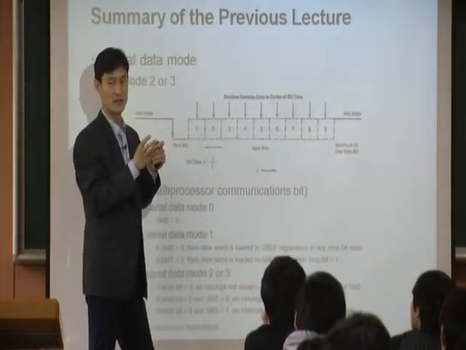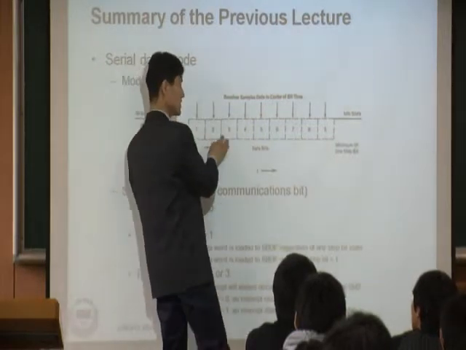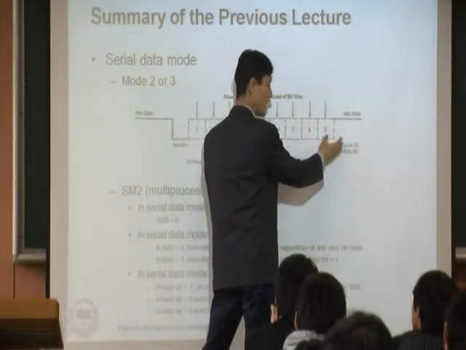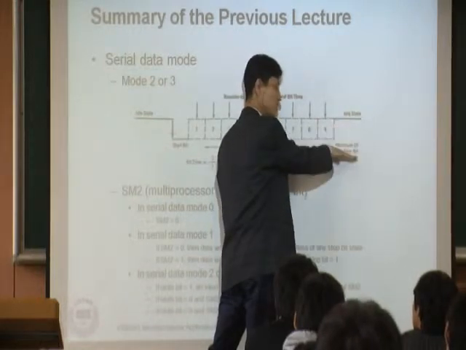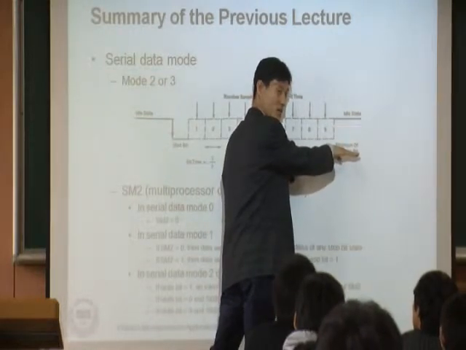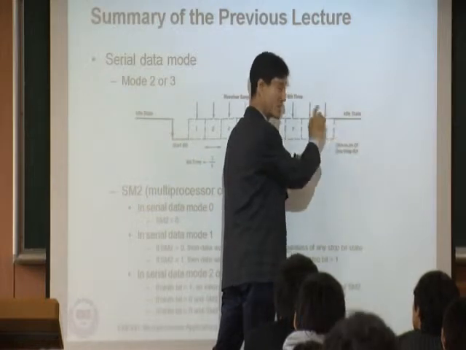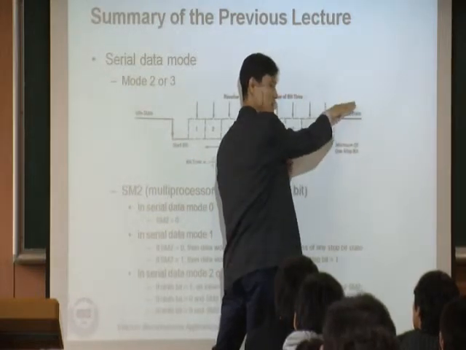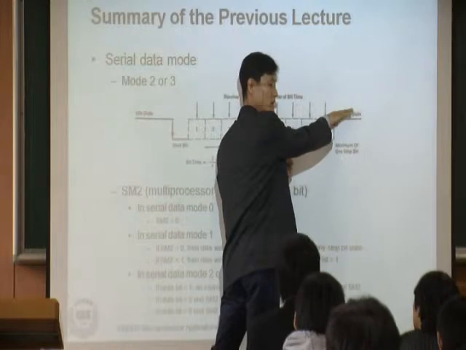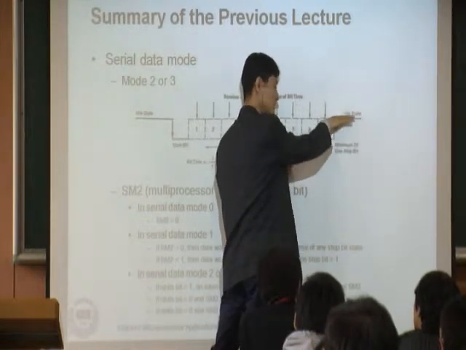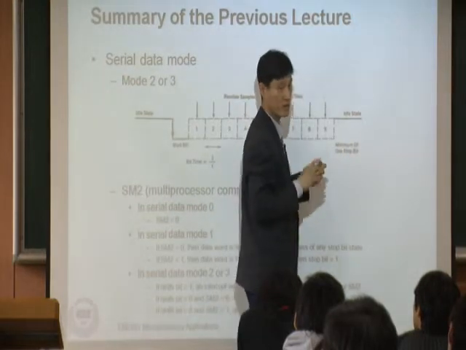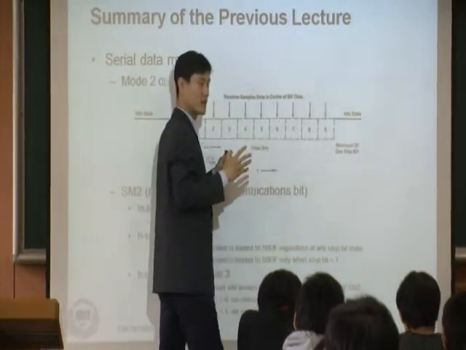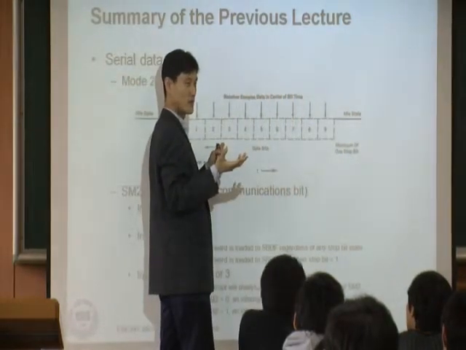But think about it. Let's say there was an error. You received the 8 bits, and now it's time to receive the stop bit, but suddenly the stop bit is still 0. That's an error, because at the stop bit you are expecting 5 volts, or high, but you are still seeing low. Then what do you need to do?